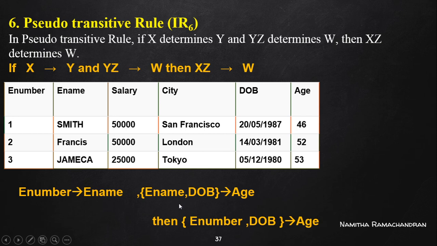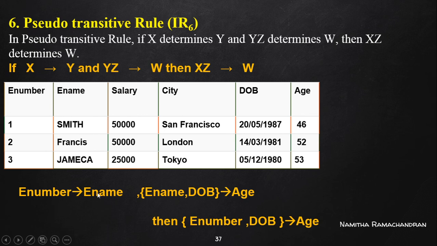Another dependency like E name, comma, date of birth derives age of the employee. If we know the name and date of birth of our employee, then we can derive his or her age. This is also another valid dependency which is given.